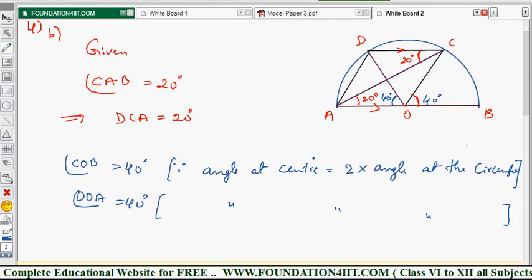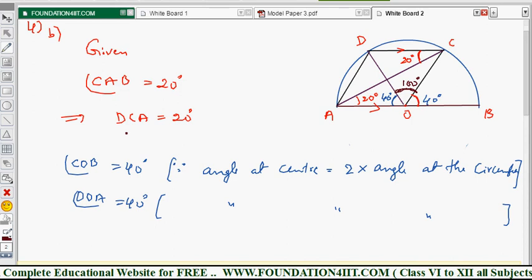Once you know these angles, we can find angle DOC, because the angle of a straight line is 180 degrees. It's already 40 plus 40 is 80, so this must be 100 degrees.